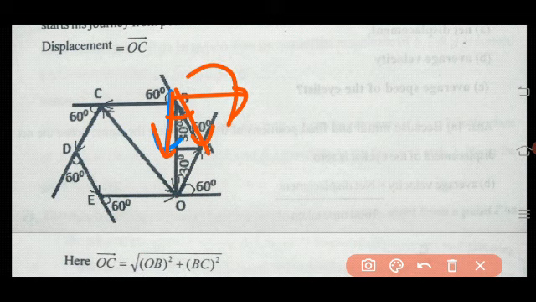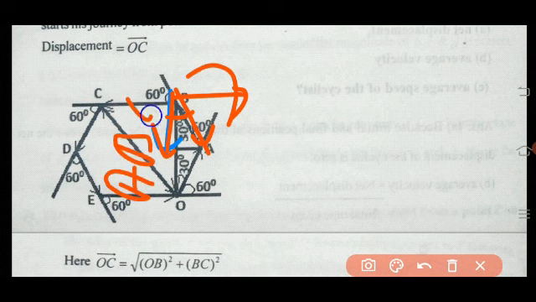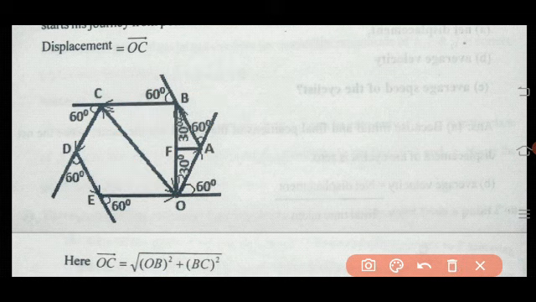Therefore, if this is AB, this must be AB cos 30. Clear? So what is FB? If this is AB, this is AB cos 30.